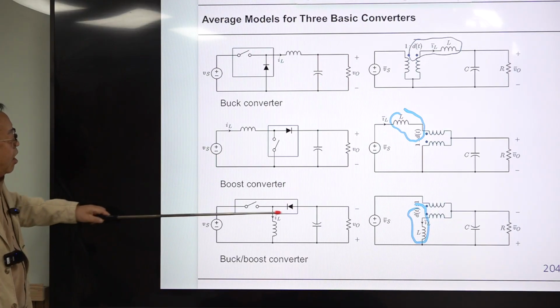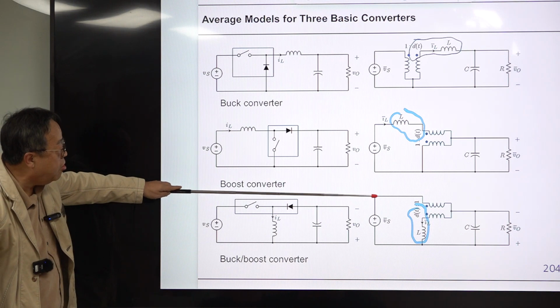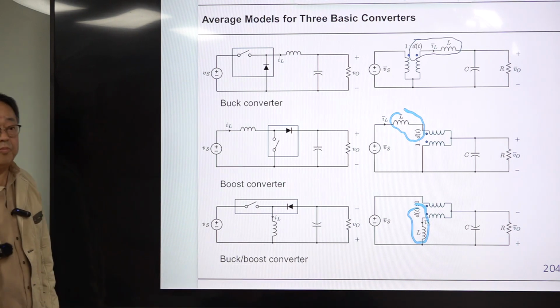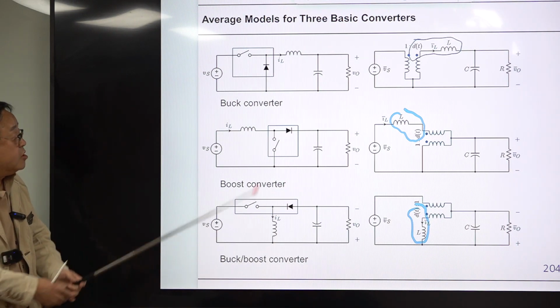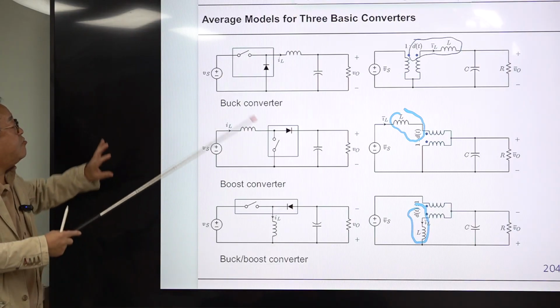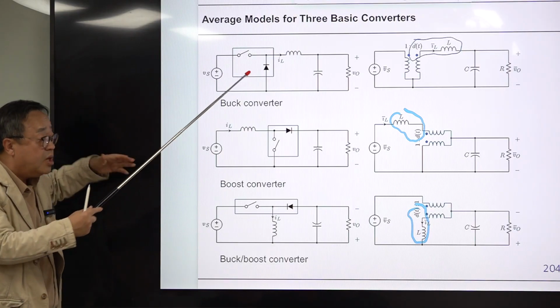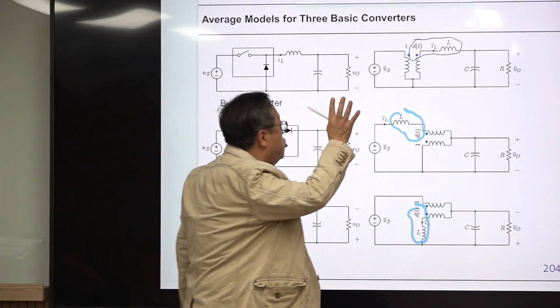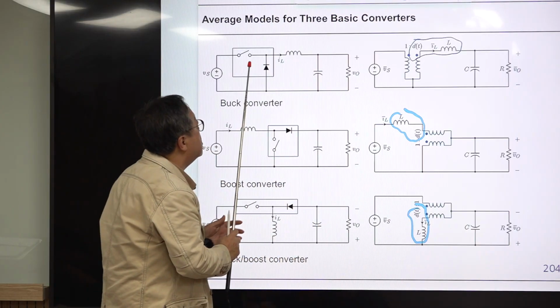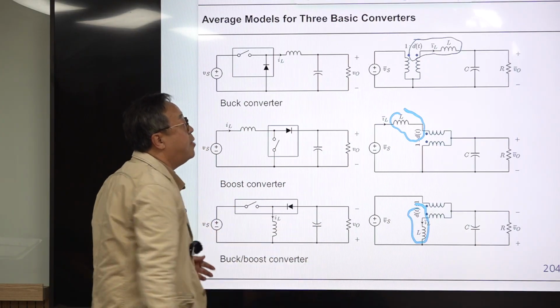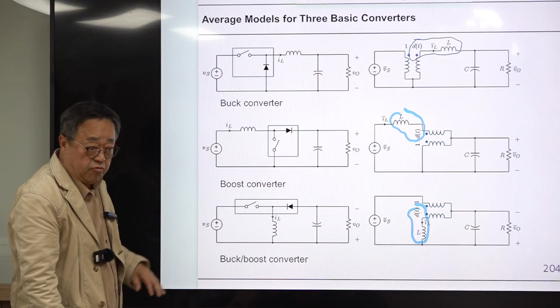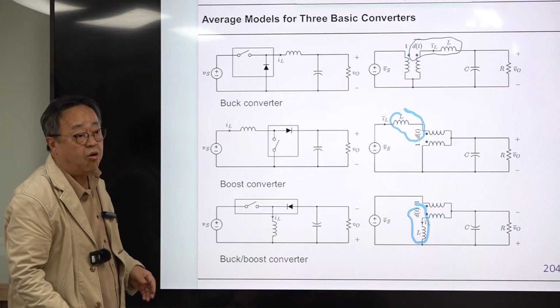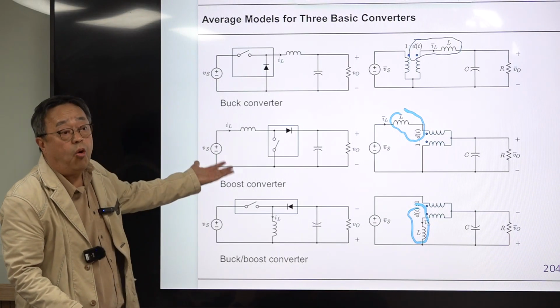Then this is the average model of the boost converter, and this is the average model of the buck-boost converter. Just take out this, and we derive the average model of this, and the pin-to-pin replacement of this with the average model of the PWM switch will provide the average model of the converter. This is the open loop.